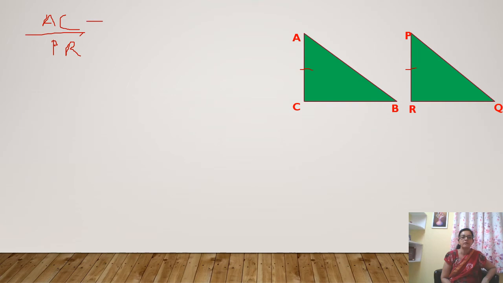Similarly, consider the hypotenuse AB proportionate to PQ, and that is equal to K. Now we will get two results. AC is equal to KPR.